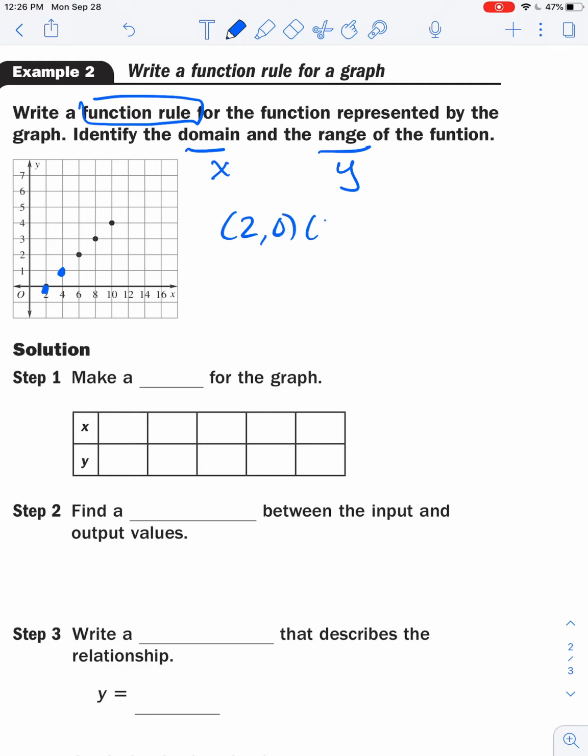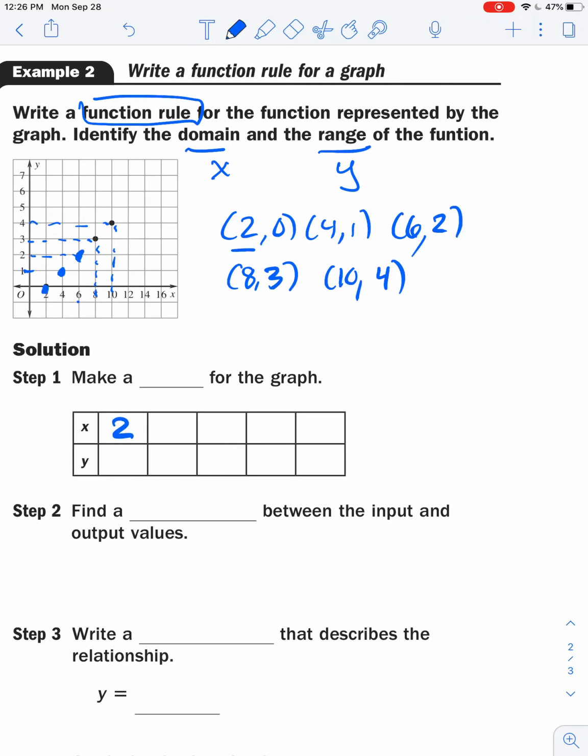My first point, I would have called that (2, 0) before. For this one, I go to the right 4 and then up 1. My third point, I went over 6 on the X and then up 2 on the Y. This point goes up from 8 as an input and then comes out as 3 on the Y. And my last point is going up from 10 and going over to 4.